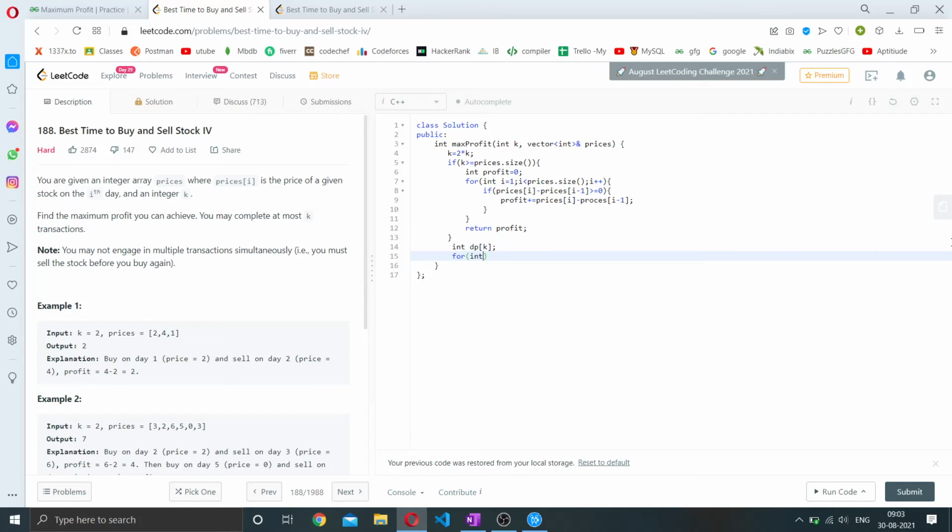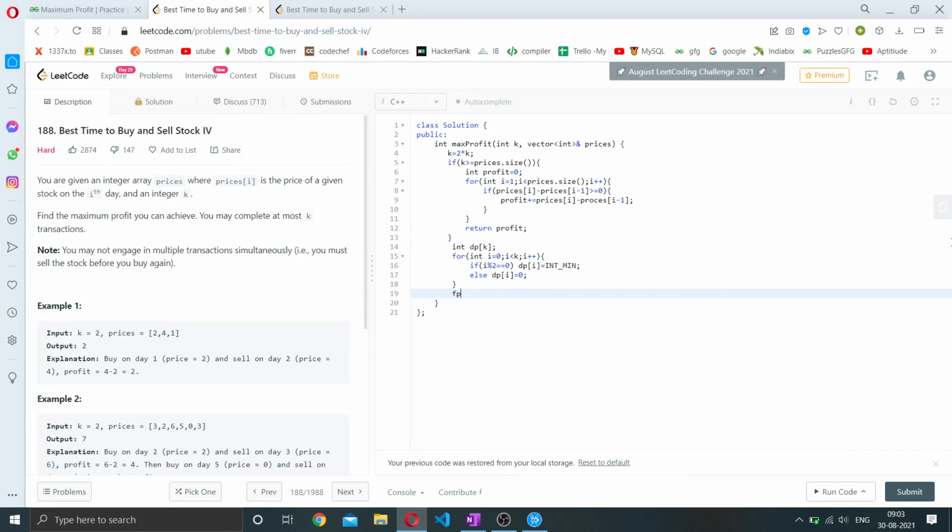So we will initialize our dp array: if the state is even, the current profit at that state will be int minimum. Else, at the odd state, we can sell the stock, so the minimum profit we have is 0.